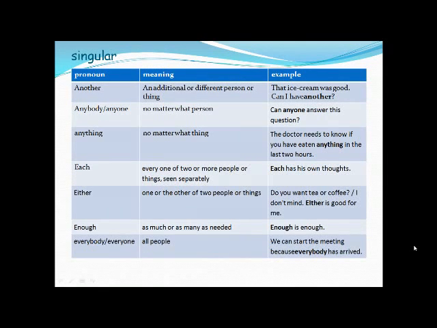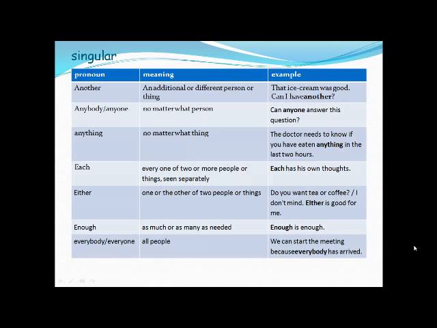And this is for singular pronouns. Another: the meaning is an additional or different person or thing. For example, that ice cream was good. Can I have another? And anybody or anyone. This means no matter what person. For example, can anyone answer this question? Anything.